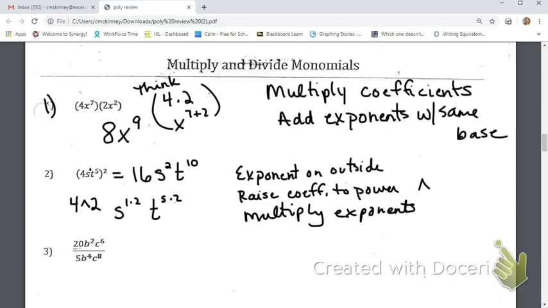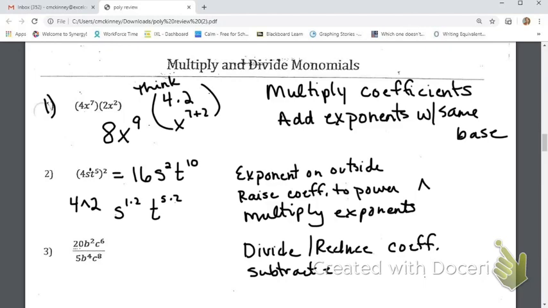And then number 3 is division. And again, we did this on the front page too. We just have more than one variable now. So divide or reduce the coefficients. And then subtract exponents.